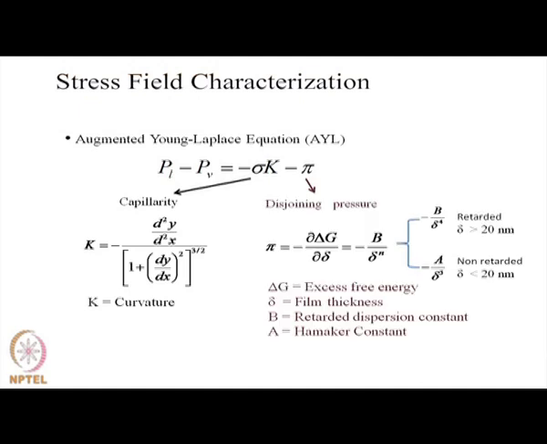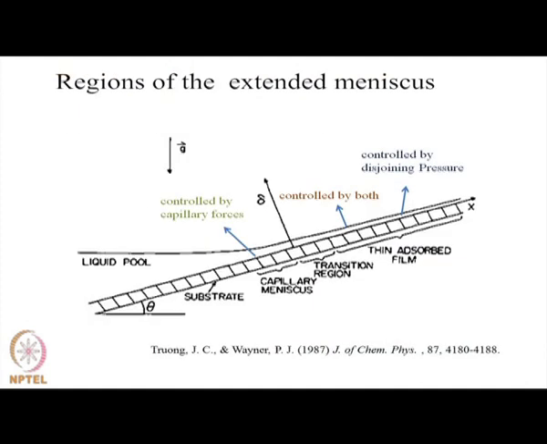On the other hand, the disjoining pressure, which tells us the excess free energy of the thin film due to the presence of intermolecular forces, can be expressed by the formula minus b by delta to the power n, where b is the dispersion constant and a is the Hamaker constant, as I have explained before.